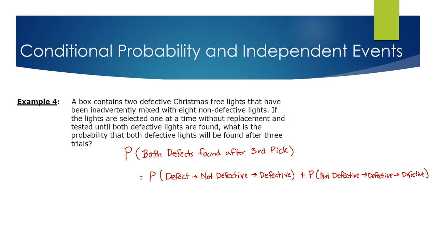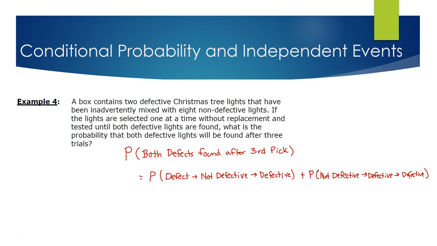I have to assume that the 3rd one chosen is defective. But I've also found the other defective one in one of the first 2 trials. And then along with that, the other possibility is for me to have picked a non-defective light the first time, and then picked a defective light the second and 3rd time.